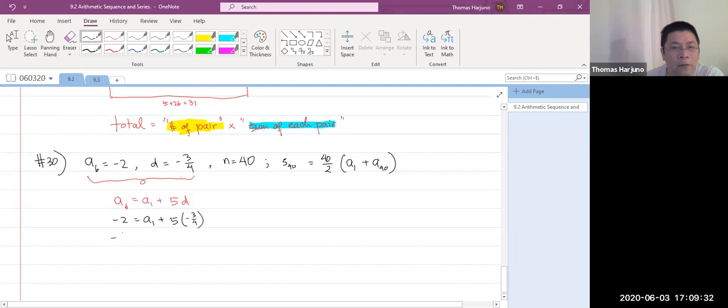So -8/4, I do LCD right away. First term minus 15/4. So the first term is 7/4. Now how about the 40th term? The 40th term will be the first term plus 39 times the common difference.